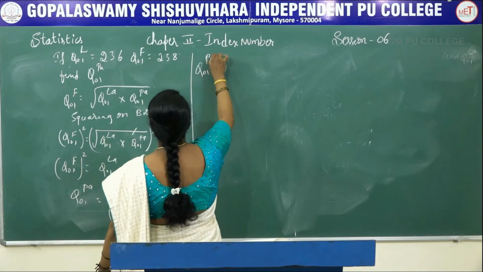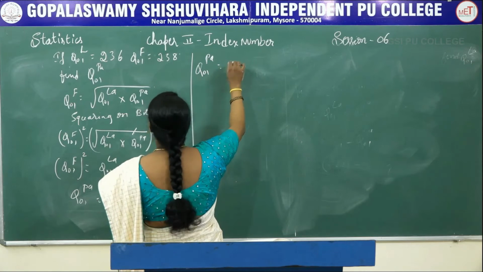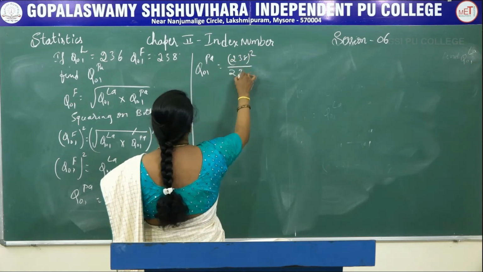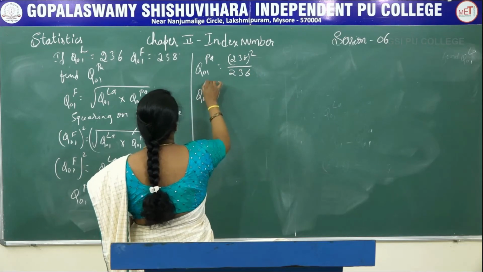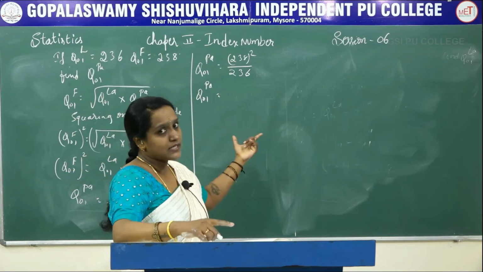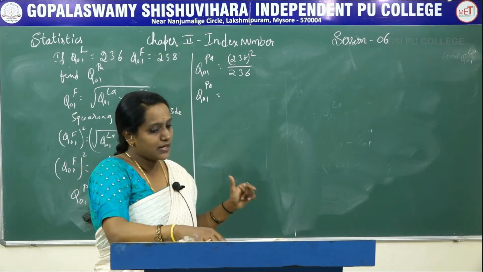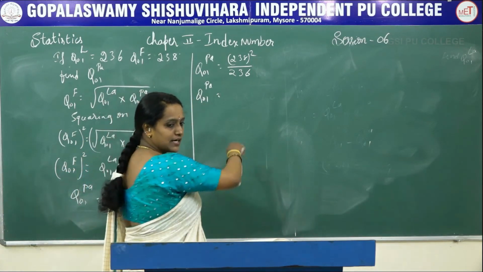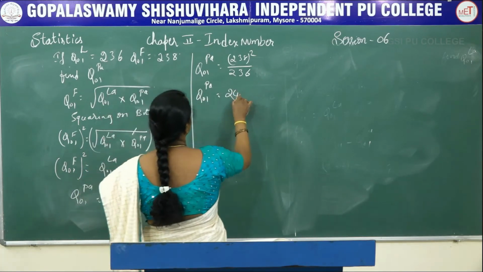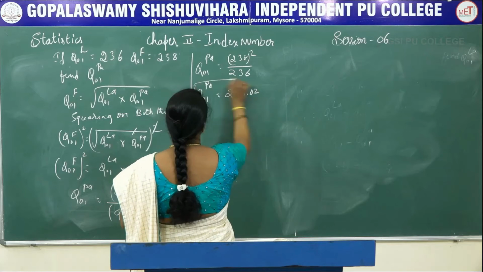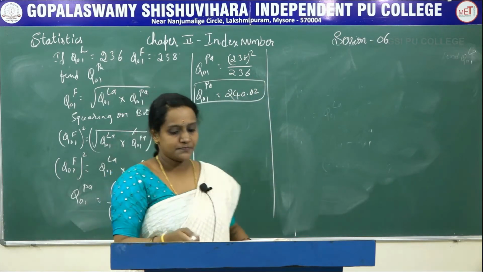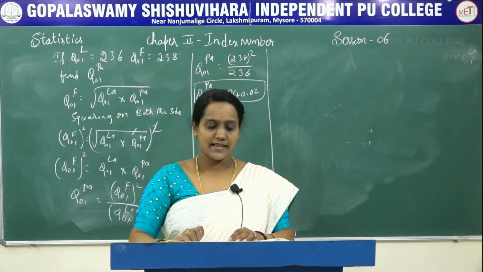Q01 of Pa is equal to 238 whole square divided by 236. First you have to square 238, then you divide, so that you will get the value like this. It is 240.02.